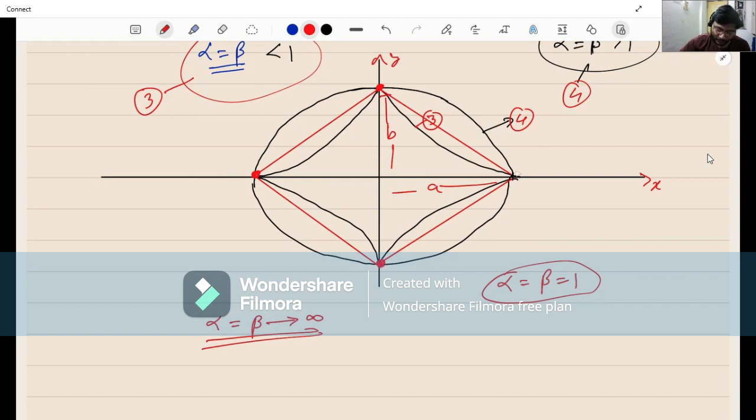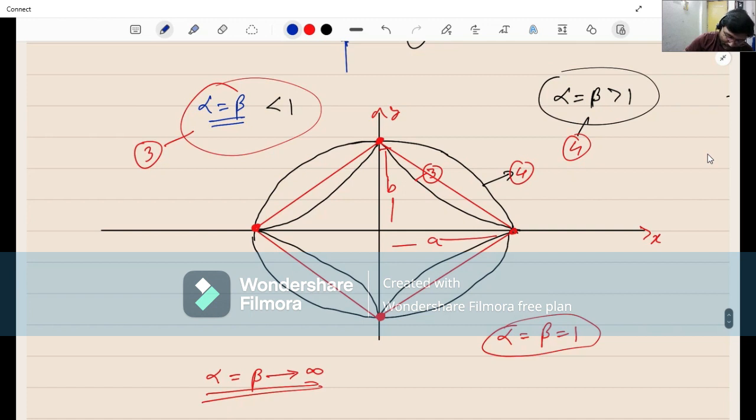These points will be fixed because a and b are fixed, and if you keep increasing the value of alpha and beta, this curve will keep expanding. So finally, if alpha and beta are very large, the curve will become a rectangle which will pass through these intersection points.